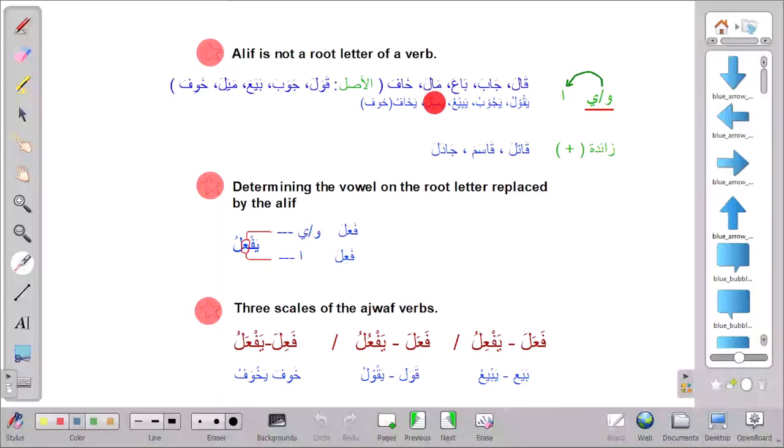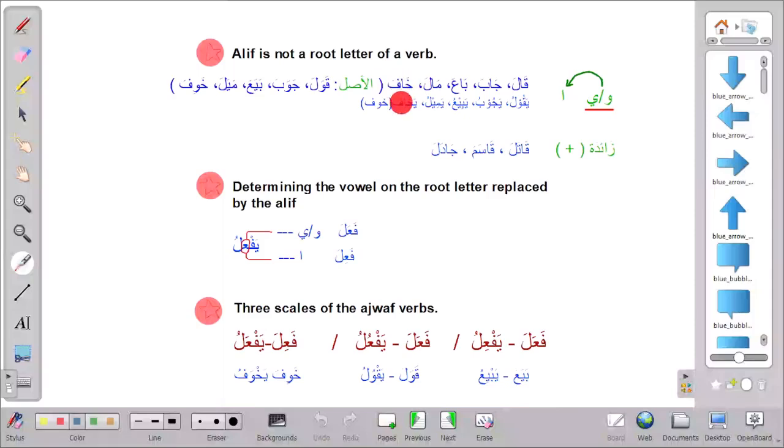You have to look at the mudore. The mudore is yamilu. So that's ya there. So it will be mayala. So that's the actual verb, mayala. Then we turn it to mala. Oh, that's clear. Then let's look at the last one.